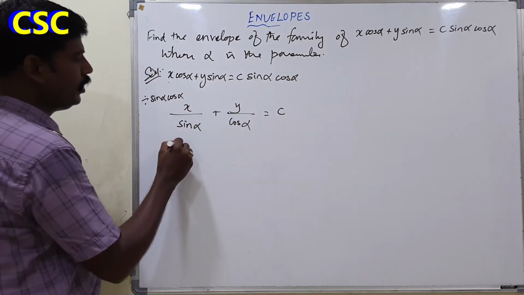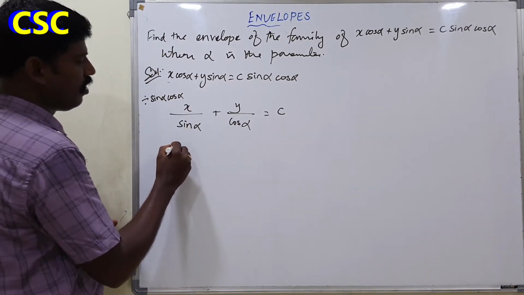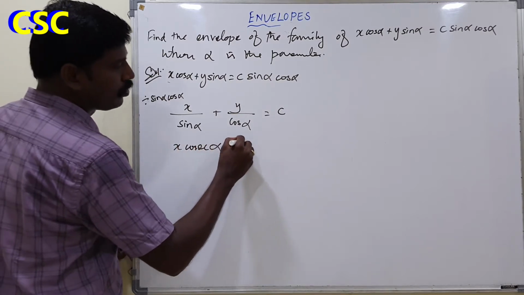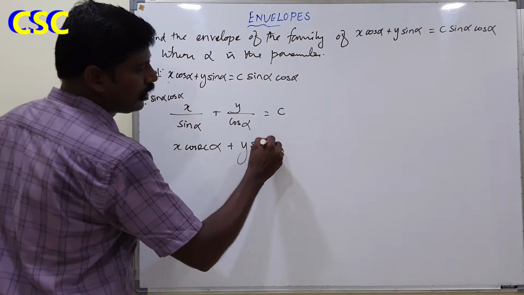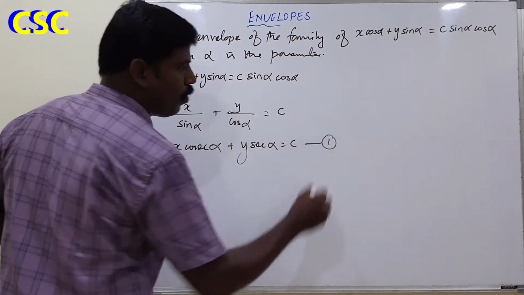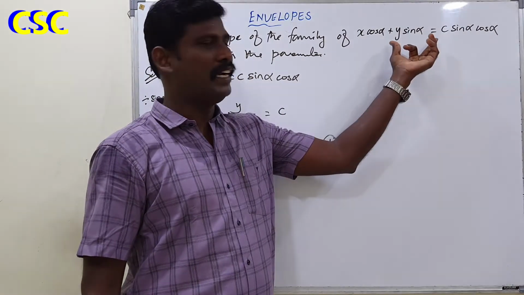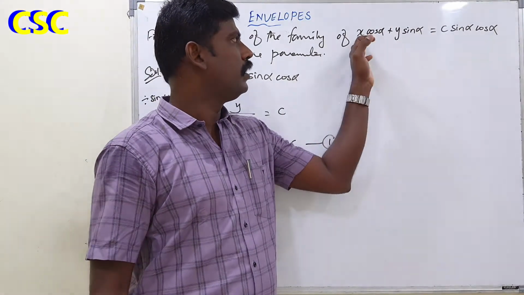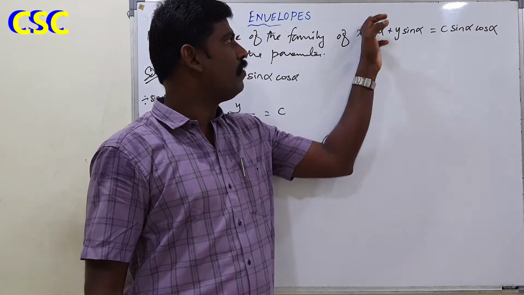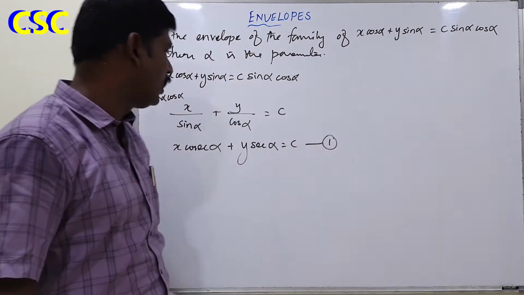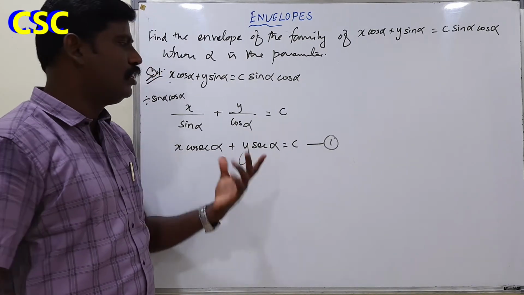We can rewrite it as x into cosecant alpha plus y into secant alpha equal to c, called equation number 1. So the given family of curves is a family of straight lines, isn't it? x and y are involved here with power 1, so it's a family of straight lines. So the given family of straight lines can be rewritten in this form, right?